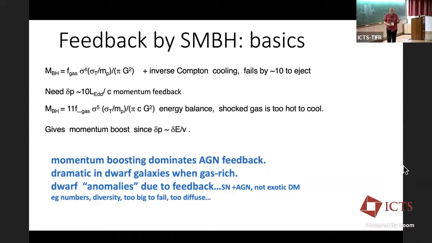Suppose you conserve energy in this connection between the central gas and what's being driven out, then the momentum scales inversely with the velocity, which means that as you slow down the shock, you have more and more momentum transfer. It's like a runaway process.